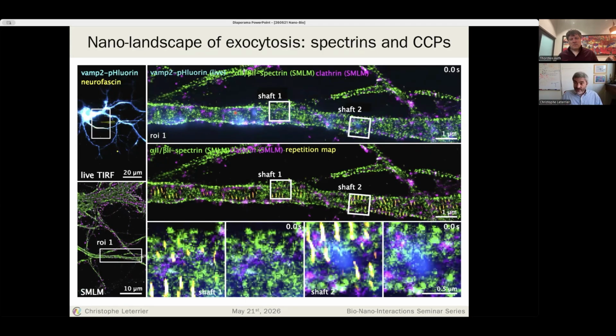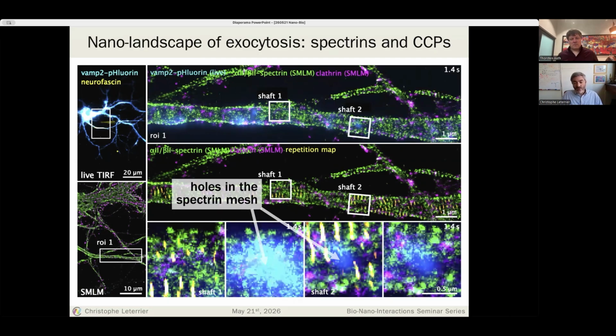When we did that with 2 colors, by doing STORM for spectrin and clathrin, we could see not only that the exocytosis was happening in holes of the spectrin mesh, that is, in the area where you don't have the green rings, but also in holes that don't have clathrin-coated pits, which are here in magenta. So you see here holes that have clathrin-coated pits, and here it's a hole that is empty, and this is where the exocytosis will occur.